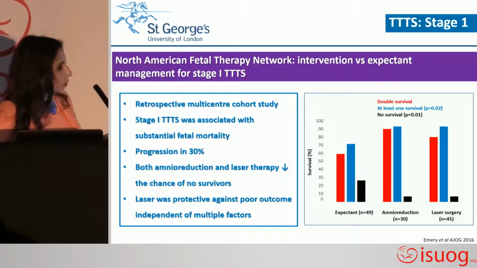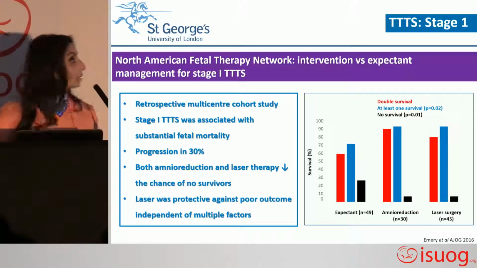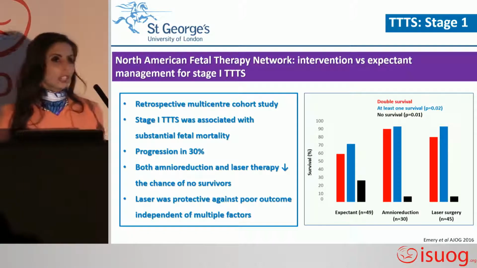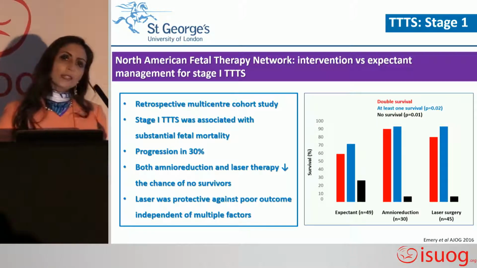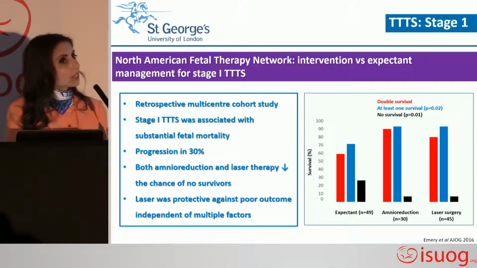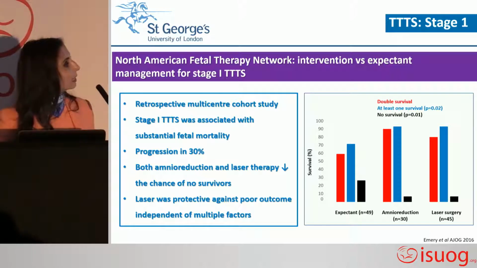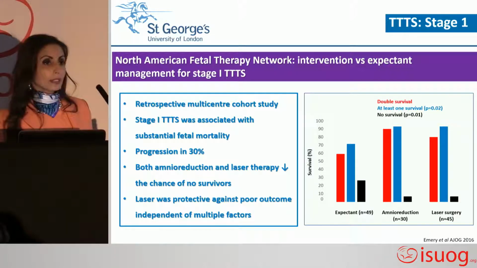And I also showed you this yesterday. This is a paper that was published in the American Journal about 2 years ago from the North American Fetal Therapy Network, a group of centers in North America, where they published their observational data to look at the outcome of stage 1 TTTS and the survival according to the treatment they had. Similar to the meta-analysis that we published that I showed you in the previous slide, the progression was about 30%.